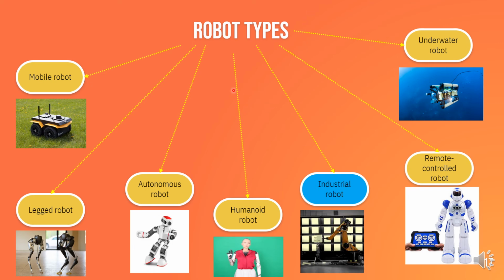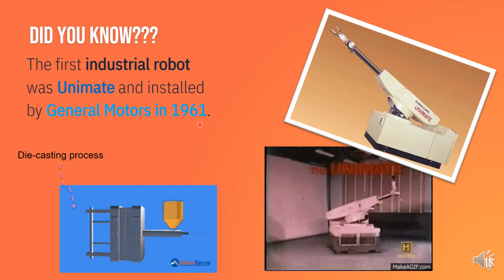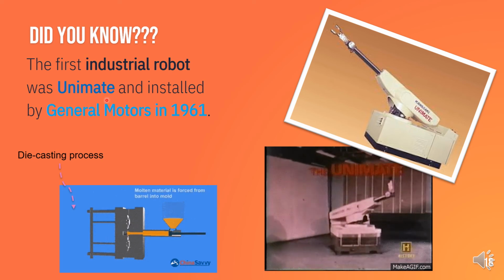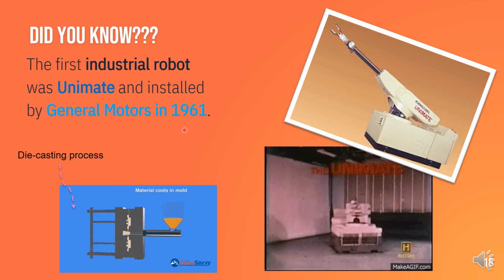Among them are mobile robot, legged robot, autonomous robot, humanoid robot, industrial robot, remote control robot, and underwater robot. However, our focus in this chapter is only on the industrial robot type. It was reported that the first industrial robot was Unimate, installed by General Motors in 1961.